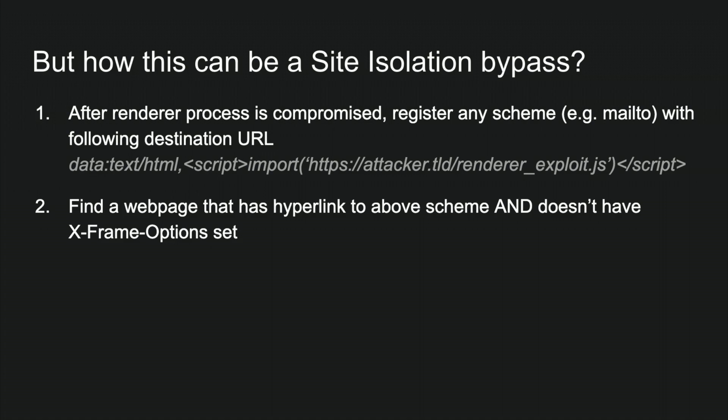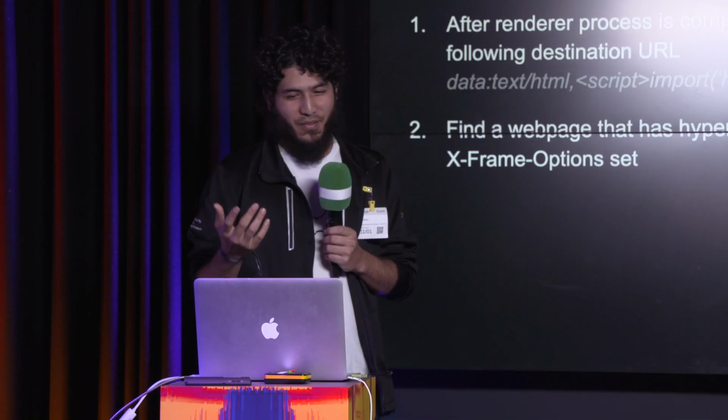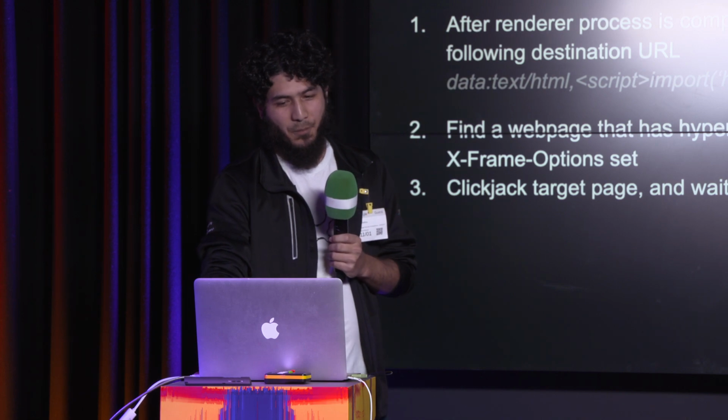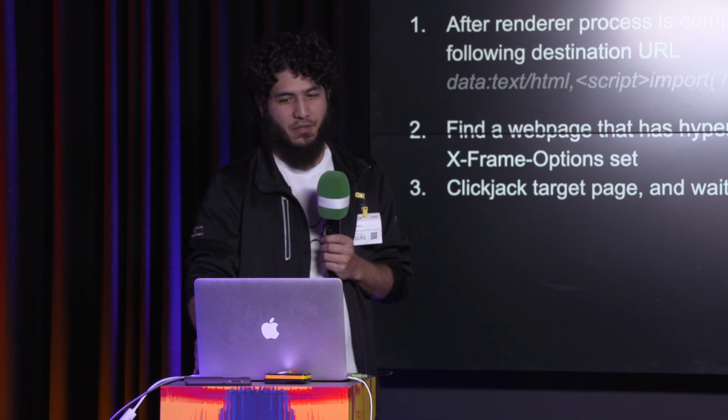You need to find a web page that doesn't have X-Frame-Options and has this scheme. So I think most banks have a contact us page where they have a tel link to their contact number or email. I hope some of them don't have X-Frame-Options.